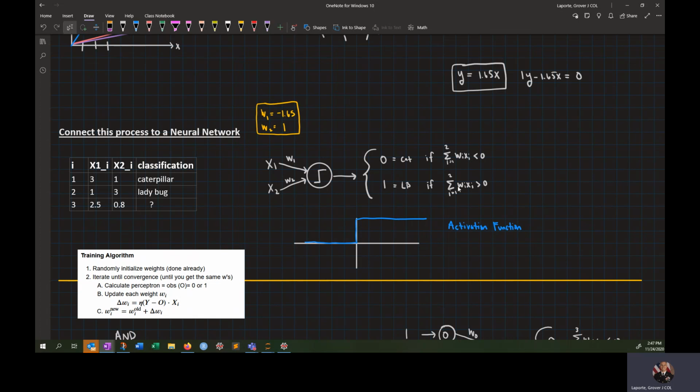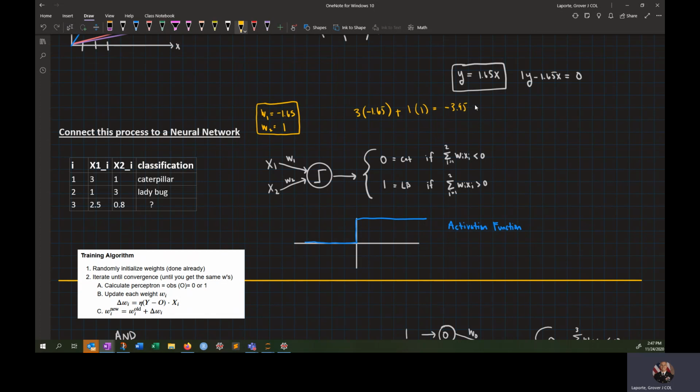So let's do the multiplication: 3 times negative 1.65 plus 1 times W2, which is 1. Negative 1.65 times 3 plus 1 gives you negative 3.95.